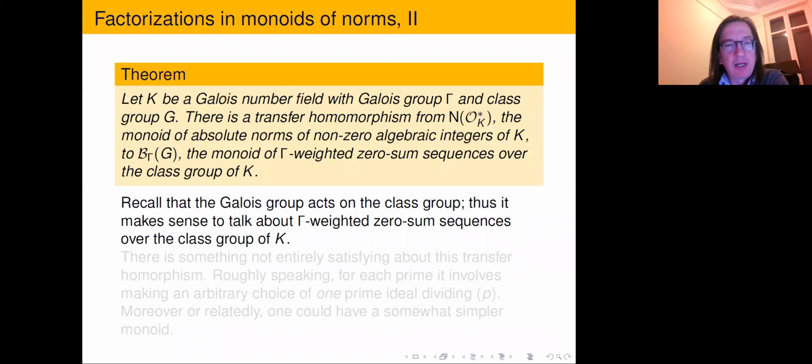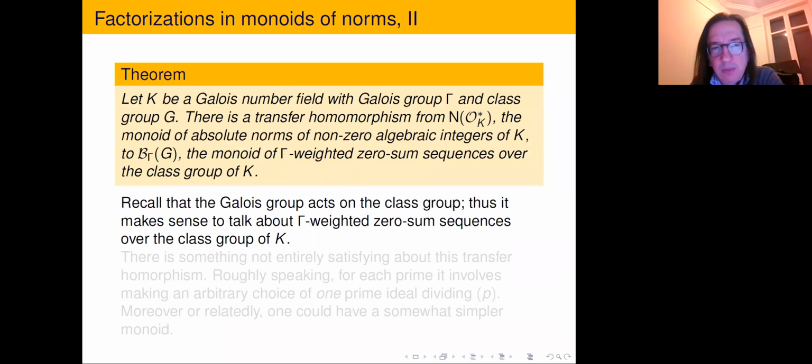sequences. And now, having this at hand, one can show that for K, a Galois number field with Galois group omega, not omega, gamma, excuse me, and class group G, there is a transfer homomorphism from this monoid of norms to this structure of gamma weighted zero-sum sequences over the class group.